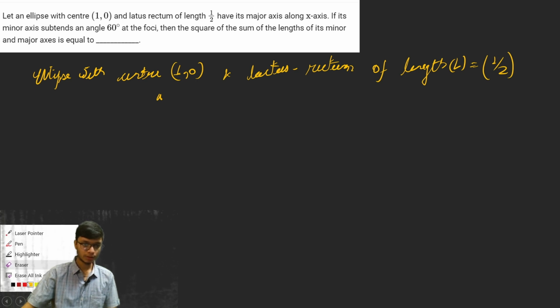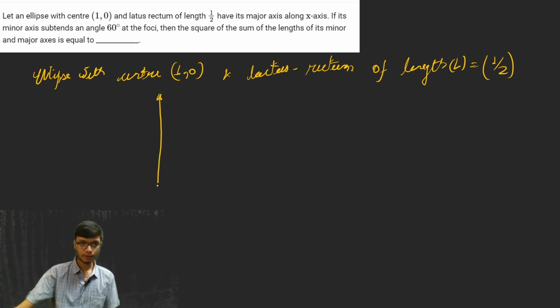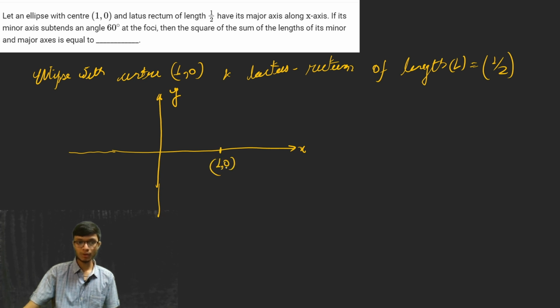If I draw this as a coordinate axis, where it is said that the x-axis is the major axis, the ellipse will be of some format like this, with the center (1, 0) over here.